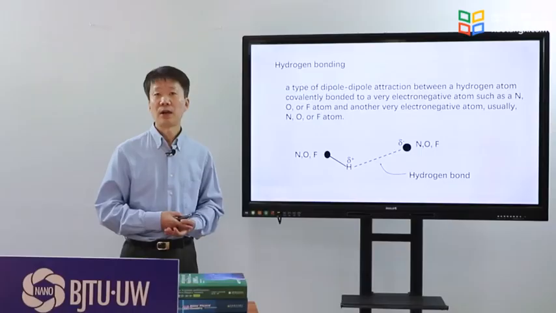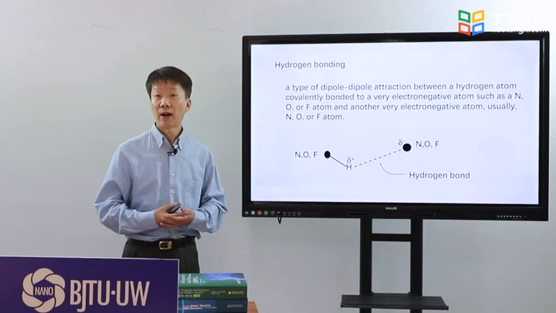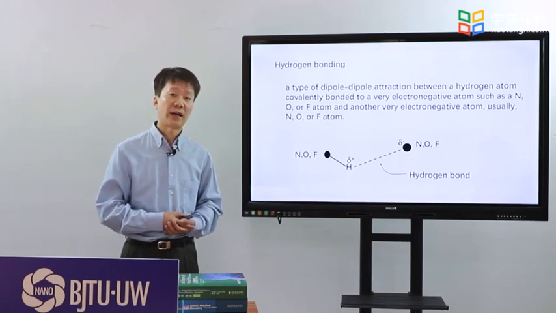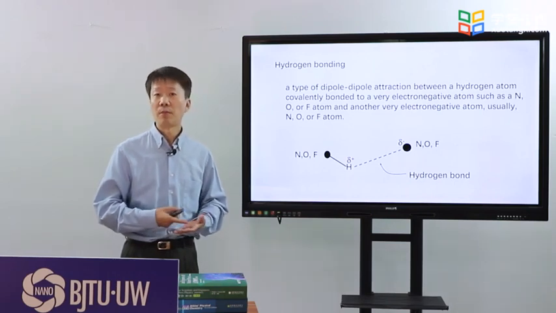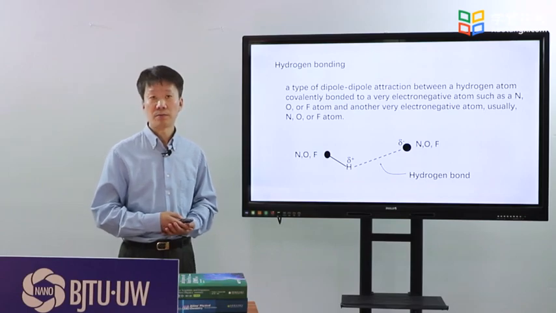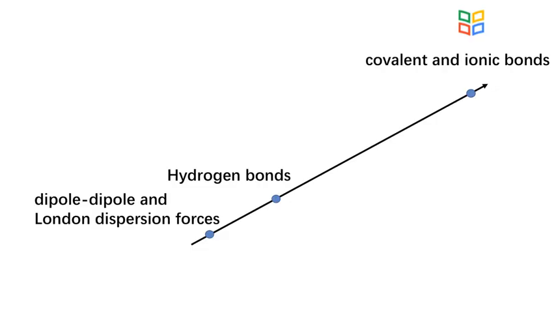The hydrogen atom is positively charged and will attract the negatively charged atoms, and a strong bonding in between forms. The strength of hydrogen bond is stronger than that of a dipole-dipole interaction, but far less than the strength of covalent or ionic bonding.